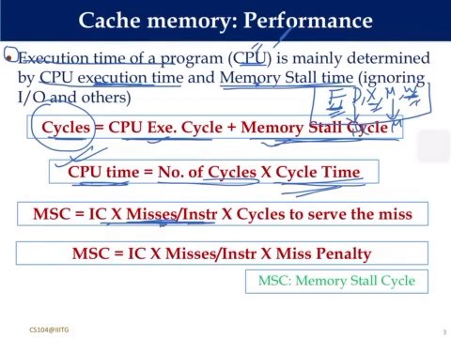So the memory stall cycle will be driven by the miss rate. The higher the miss rate, the more often you have to go to memory. And you multiply it with the cycles to serve that miss.